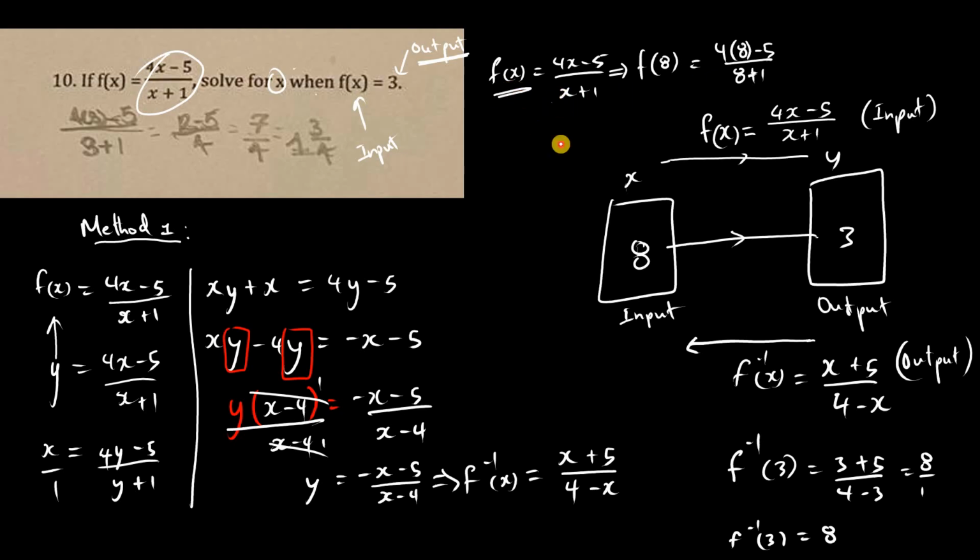Is 8 the true value of x for the output of 3? 4 times 8 is 32, minus 5 is 27. 8 plus 1 is 9. 27 divided by 9 is 3. So that's correct. It's f of 8 that will give us a value of 3.